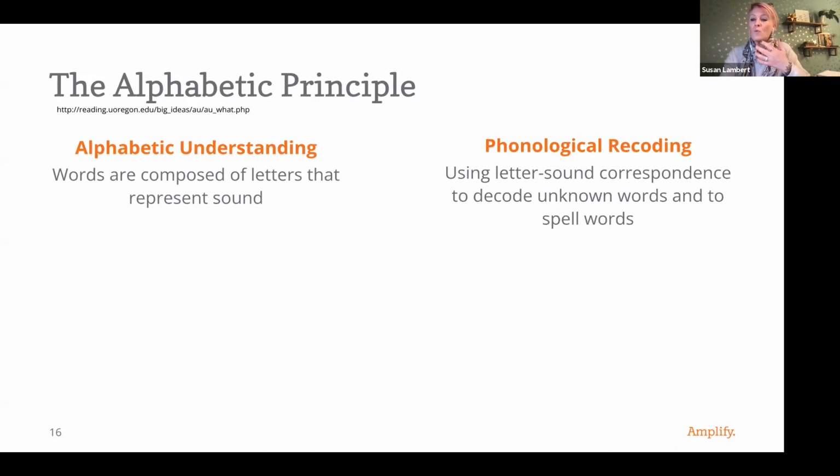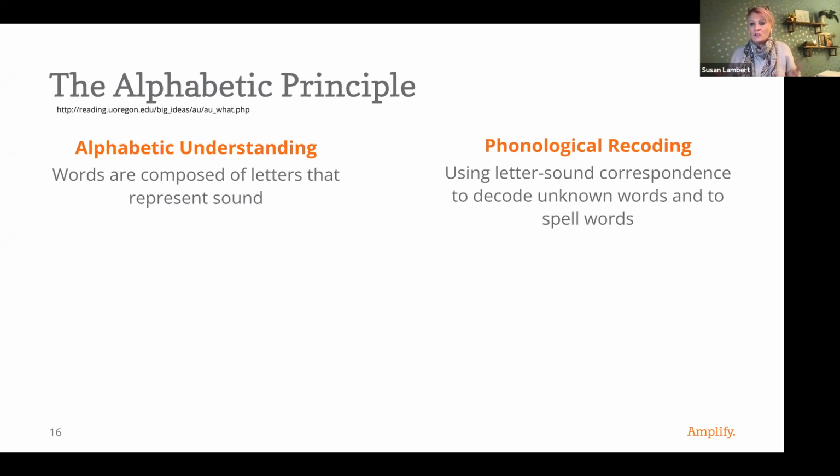It has to do with awareness of sounds. And what we need to do is pull into our working memory what we know about the letter-sound correspondence to be able to decode words that we don't know and to spell words. And we're going to find out that one of the benefits of synthetic phonics is we actually approach it at the very small sound level, and it actually helps kids learn how to spell even better.